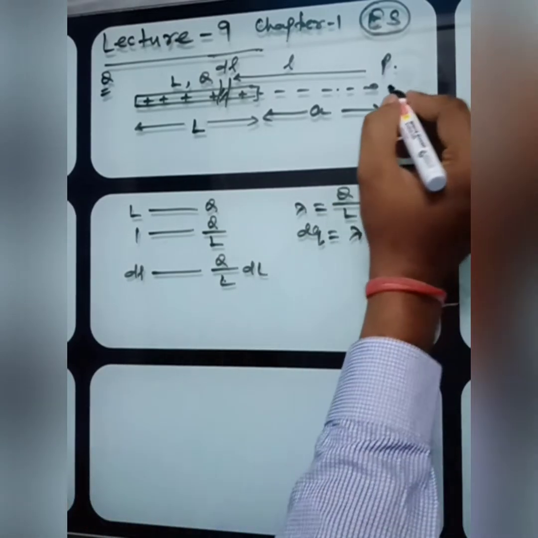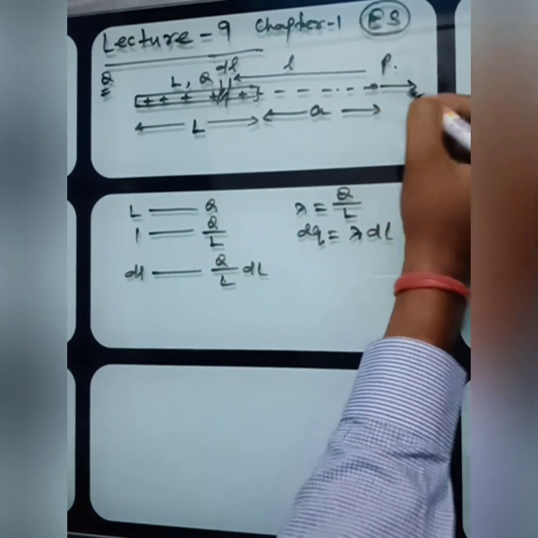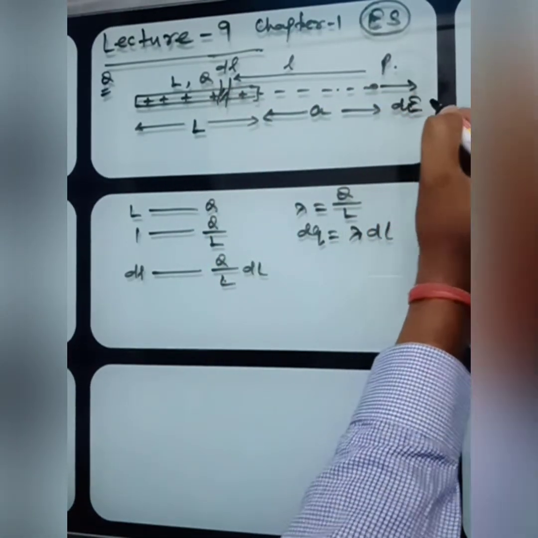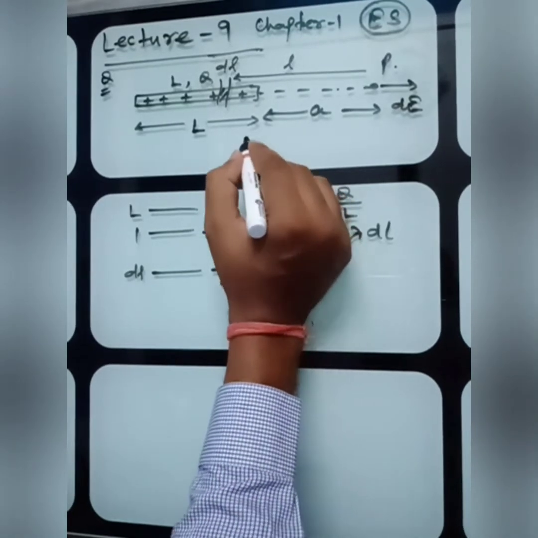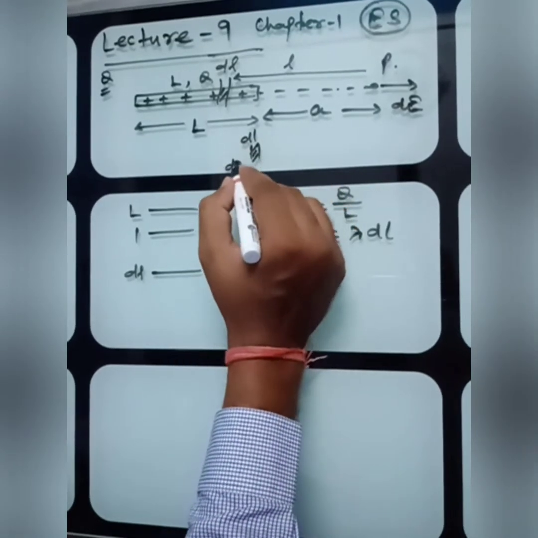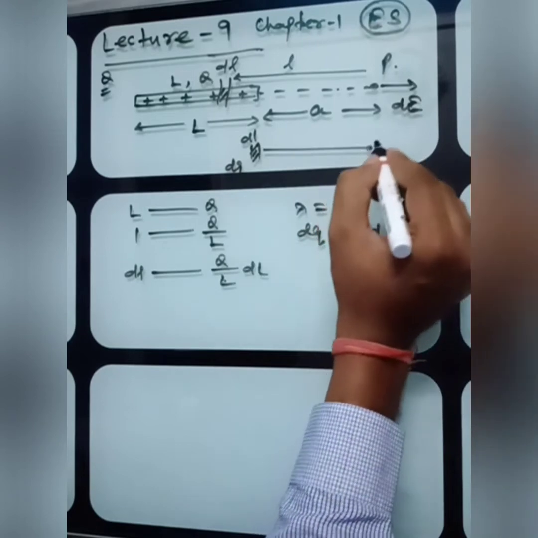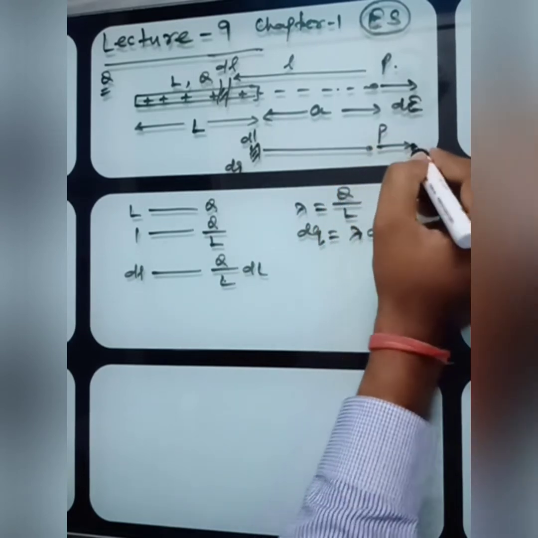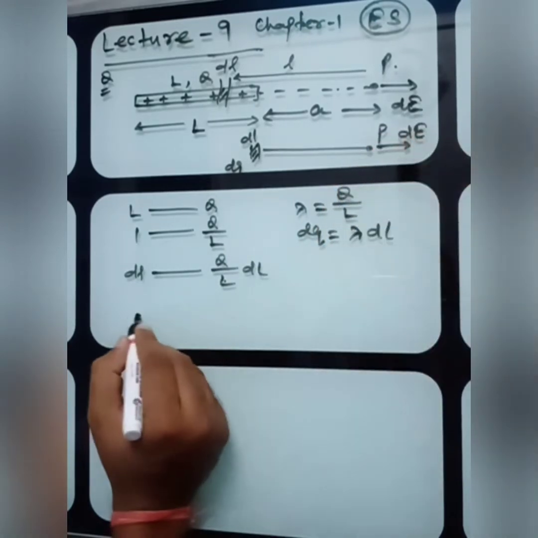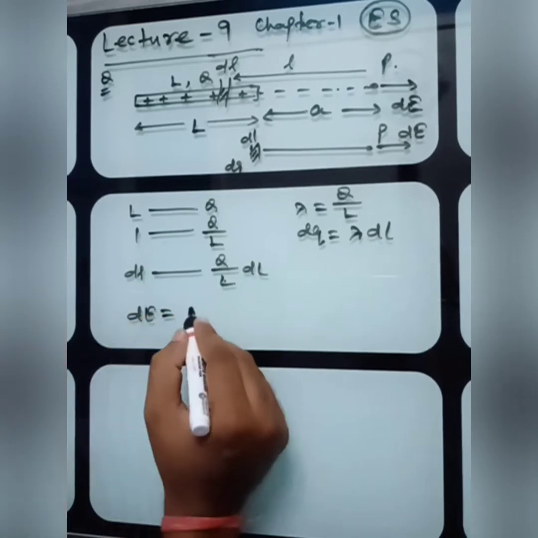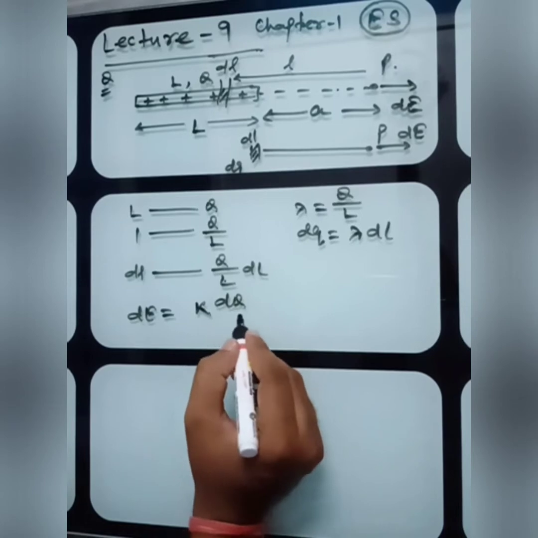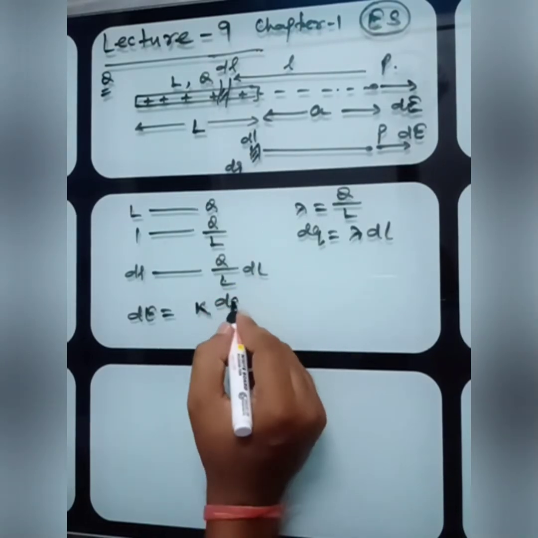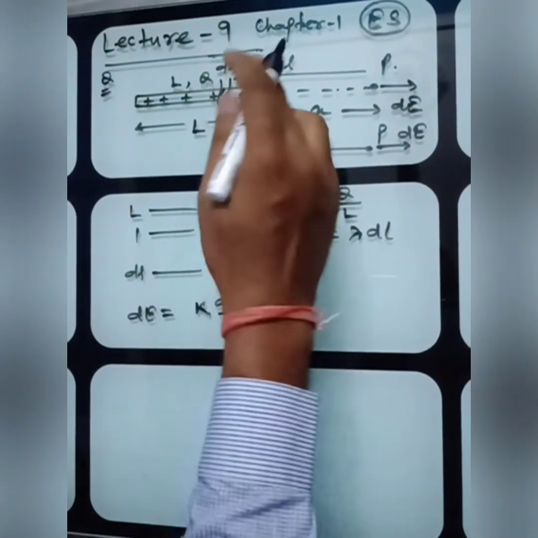So the electric field, since this is a positive rod, is in this direction, and a small elemental part, this is the elemental part of dl length with charge dq, will give you at this point P an electric field dE. So dE can be written as K dQ, we have written small, by L square.